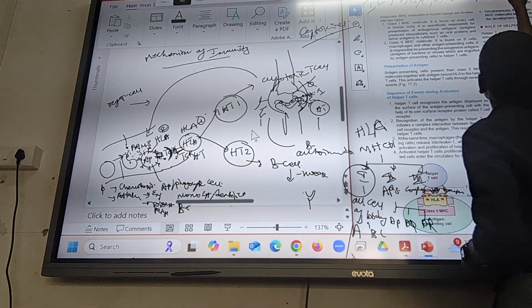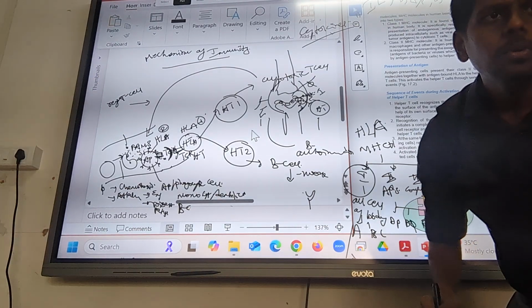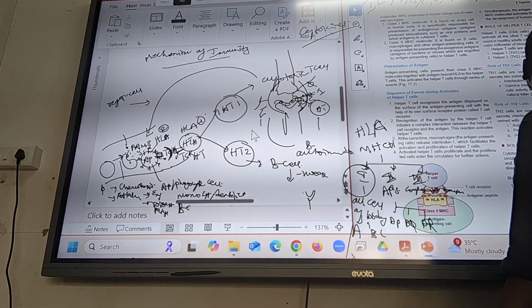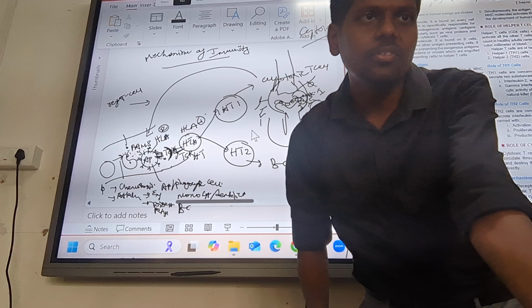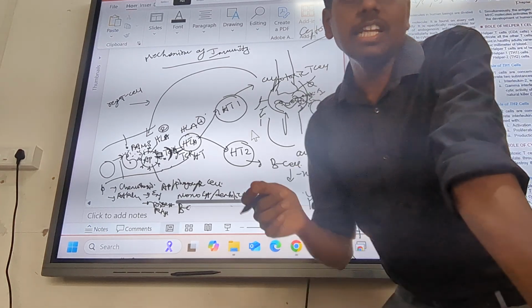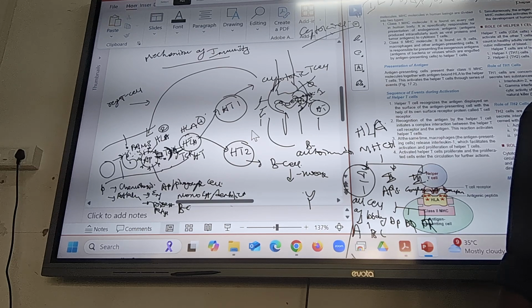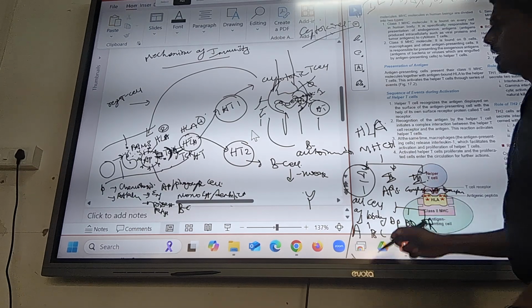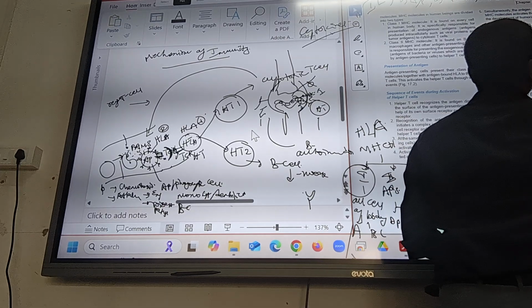4. Chemokines. 5. Defensins. 6. Cathelicidins. 7. Platelet activating factor.